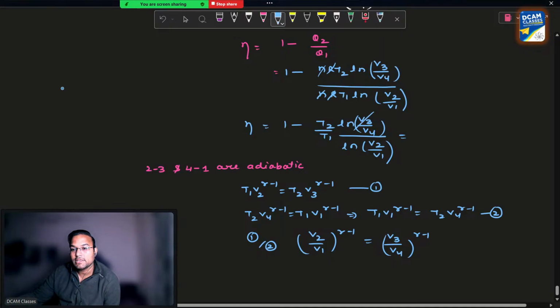So this and this will be cancelled because here we are getting V2 by V1 is equal to V3 by V4. So the efficiency formula is 1 minus T2 by T1.